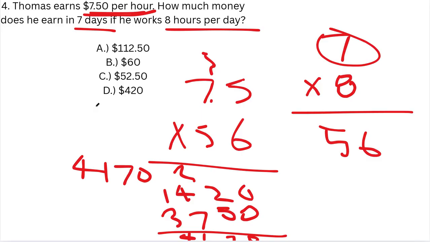Okay. Then you move the decimal one digit to the left. So then that is $420 that Thomas made.